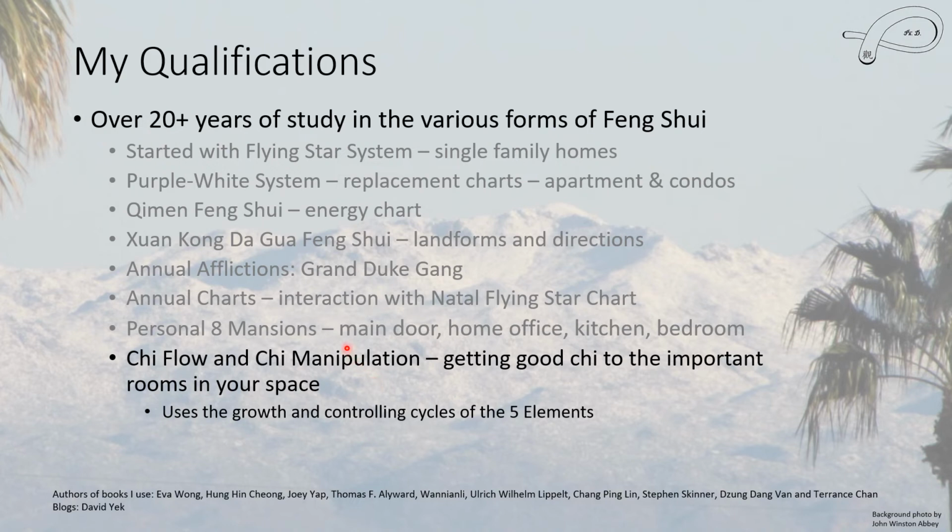If you have your home office where your guest bedroom is, that's the only time a guest bedroom becomes important. But the way chi flow and chi manipulation work is by using the growth and controlling cycles of the 5 elements. I didn't show you the controlling thing, but you can Google this. This information is everywhere now if you really want to know.